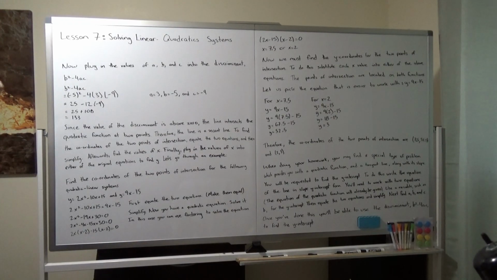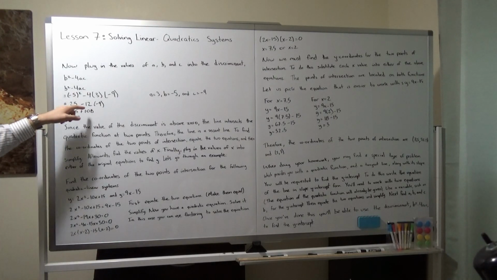Now plug in the values of a, b, and c into the discriminant b squared minus 4ac. We plug in -5 for b, minus 4 times a, which is 3, times c, which is -9. -5 squared is 25, minus 4 times 3 is -12, times -9.